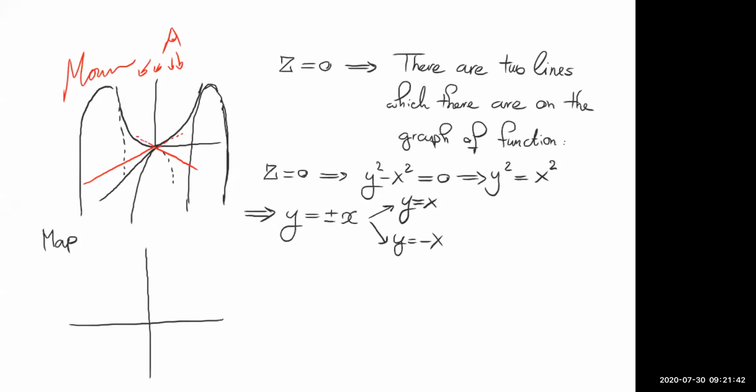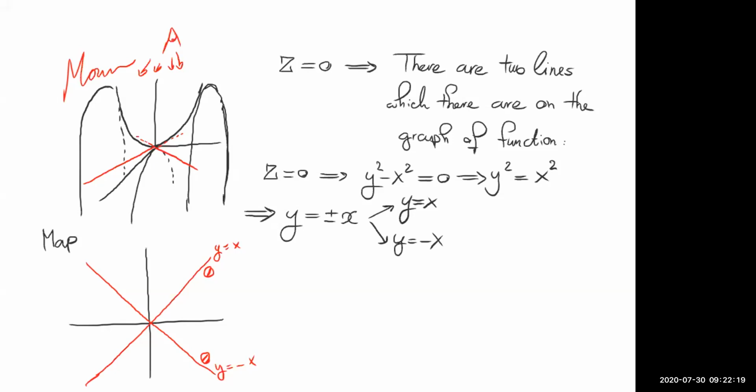These two lines are y equals x and y equals minus x. So if you want to pass this valley, the easiest thing to do on the map is just to walk on these lines. They're exactly where the height is 0. You are not above the sea level, and not below it either.